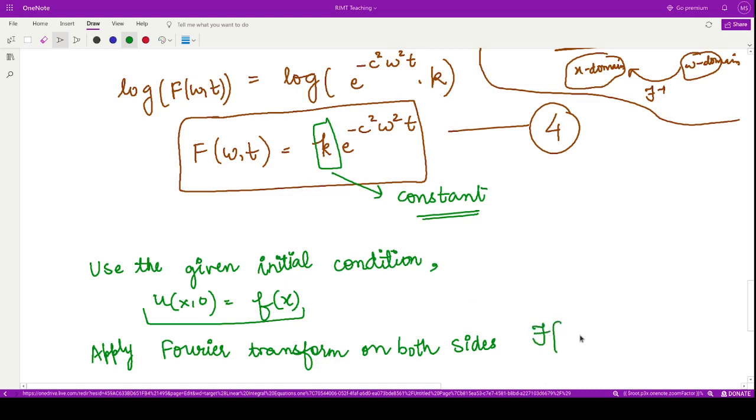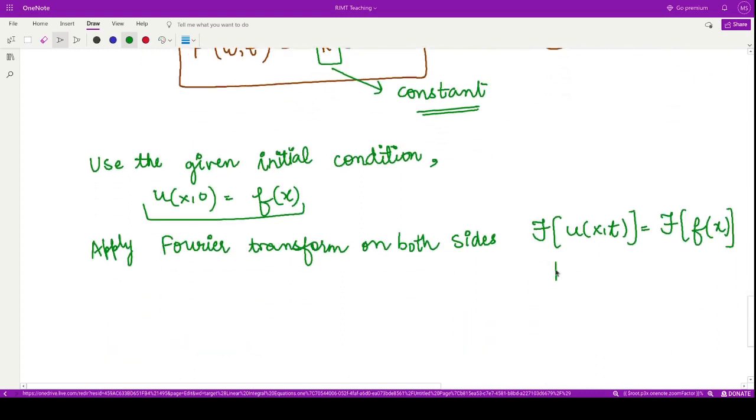You have the Fourier transform of u(x, t) is equal to... it is not f of 0, it is x and t, because we have not yet substituted the value for t here. We are just applying this Fourier transform. Now you already know the Fourier transform of u, that is capital F(ω, t). So this is equal to the Fourier transform of f(x).